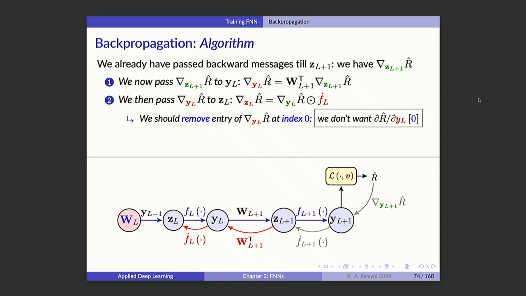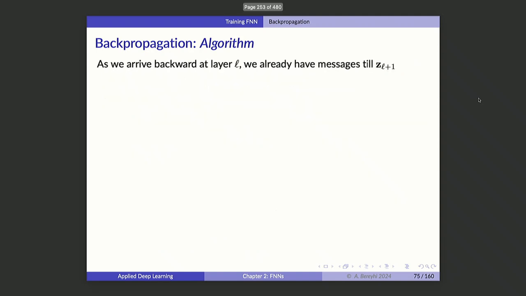You just get rid of the entry at index 0, which is not useful. And then after that, you repeat the third local operation. So you want to get back from ZL to WL, you simply compute the outer product with YL minus 1. Clear? So you can keep on doing it like that.